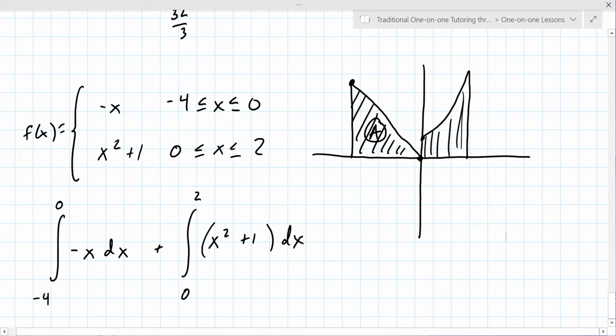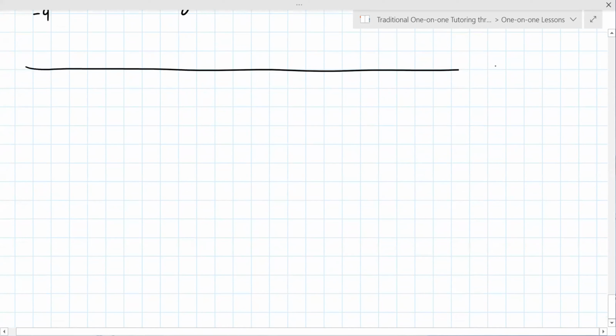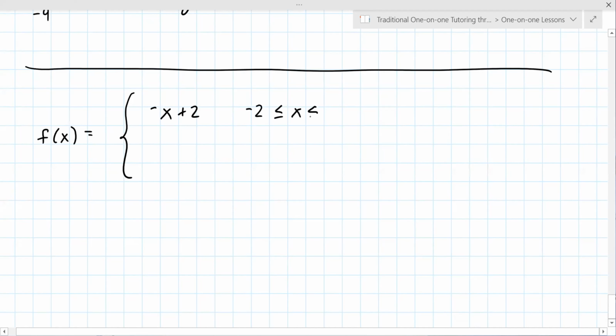Do you want us to do another example like this? Maybe. Yeah, maybe one more. Okay. So let's say f of x equals minus x plus 2 for minus 2 less than x less than 1. And then x plus 3 from 1 to 3.